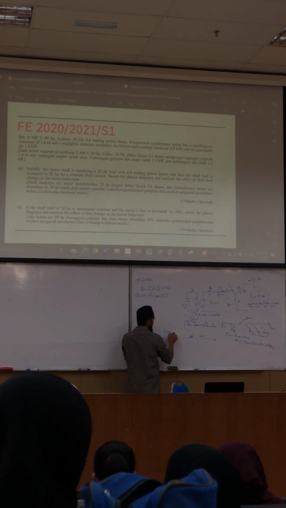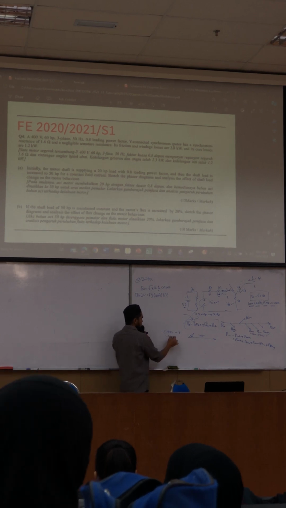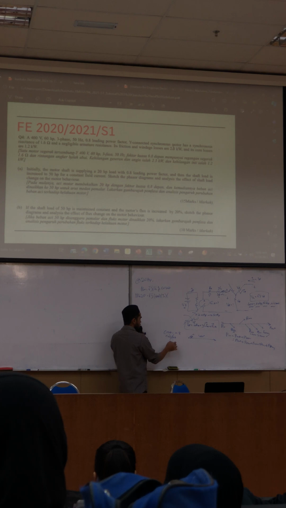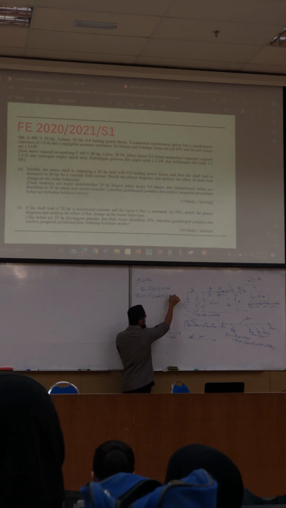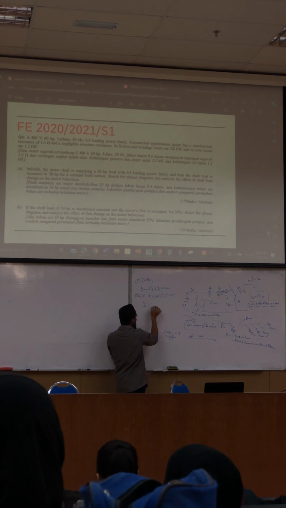Cos theta is cos of this angle, which is equal to 0.8. Bukan cos 0.8. So please don't repeat your mistake. So it becomes 0.8.